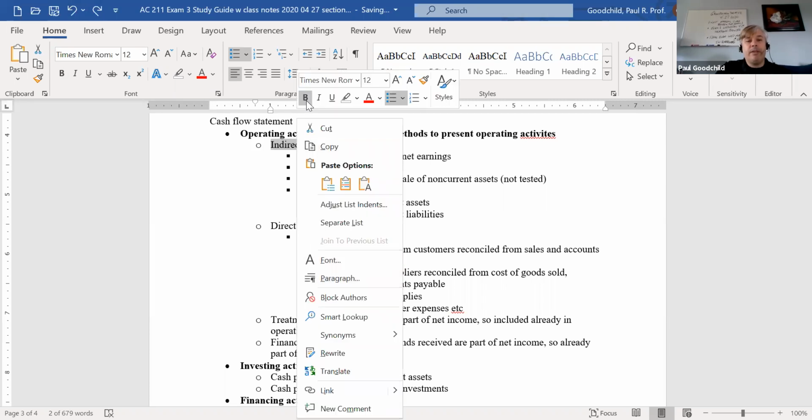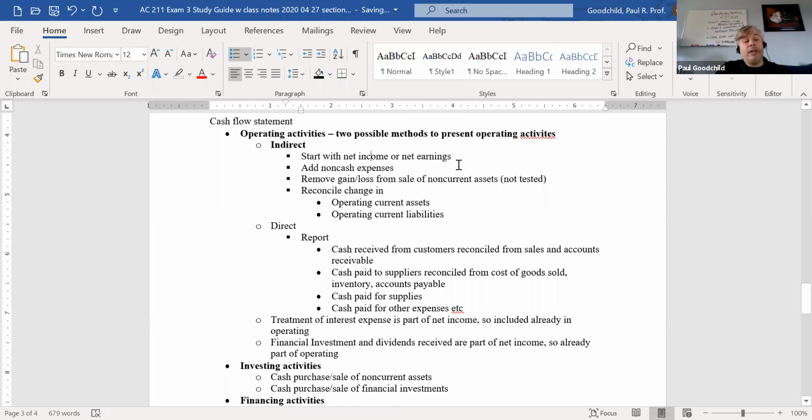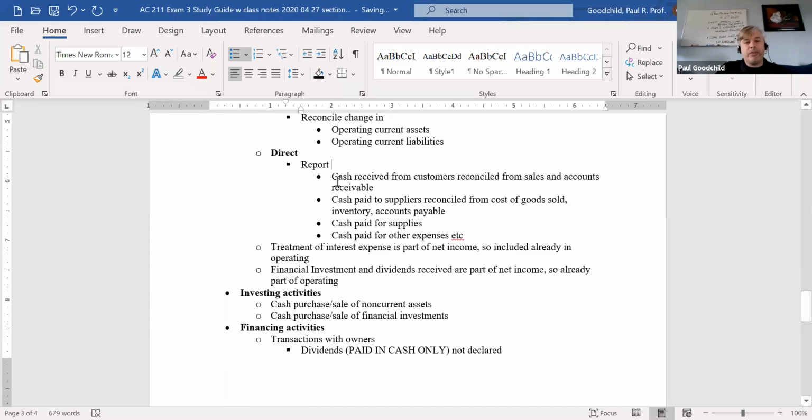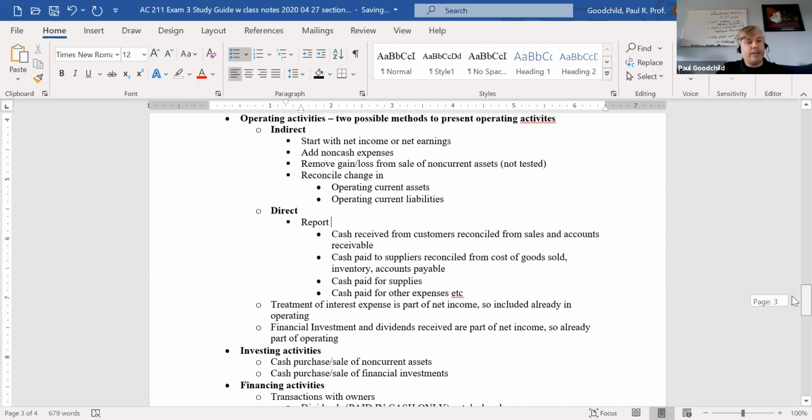And this indirect method starts with net income or net earnings. So if you see cash flows and the statement starts out with net income or net earnings, then you know it's the indirect method. Versus the direct, which is where they report cash received from customers, and how they do that is they reconcile the sales and accounts receivable. Cash paid to suppliers, cash paid for supplies, and cash paid for other vendors. Okay, so that's the operating section.